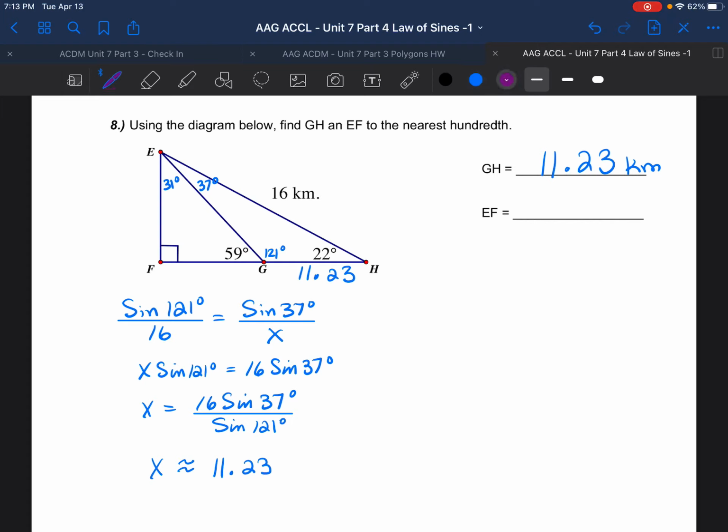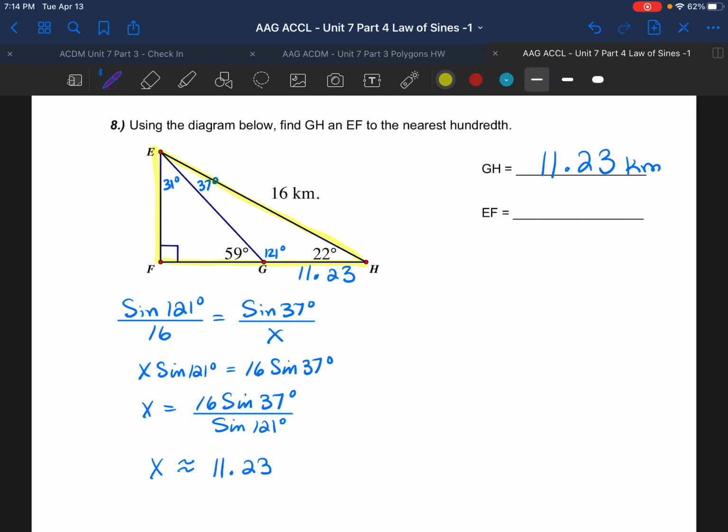All right, next part. I'm going to use purple for this one. So now they want us to find EF. All right, so as a matter of fact, guys, listen, I don't even need 11.23. It's a little different than the last example. What I'm actually going to do is highlight the outermost triangle, right?